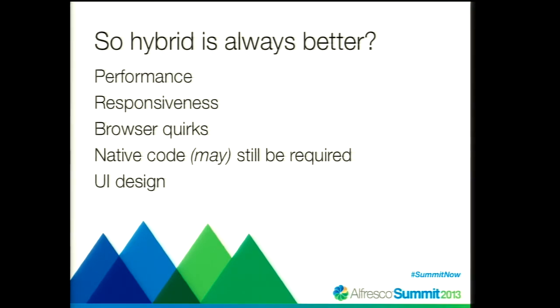So you have to remember that a hybrid app is mostly a web app with a thin native wrapper around it. Often that native wrapper won't give you the access that you need to low-level device equipment, so you may still need to write native code. And you've still got UI design to do. There's no getting away from that. And rather than using a drag-and-drop tool like I was doing, you have to break out HTML and CSS tools in a lot of cases.